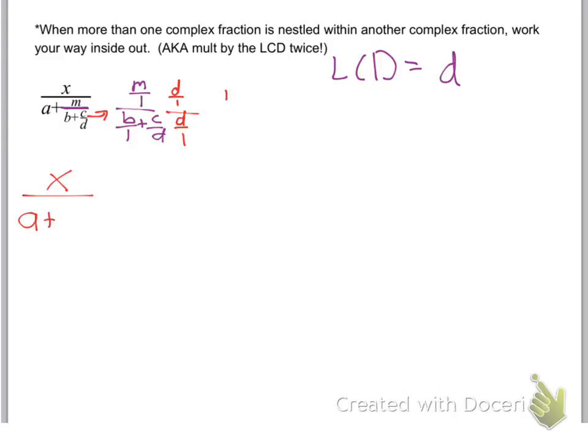So I get dm over, as I distribute, bd plus c. That is the non-complex fraction that needs to go in that space. But by placing that there, it makes it a complex fraction still.